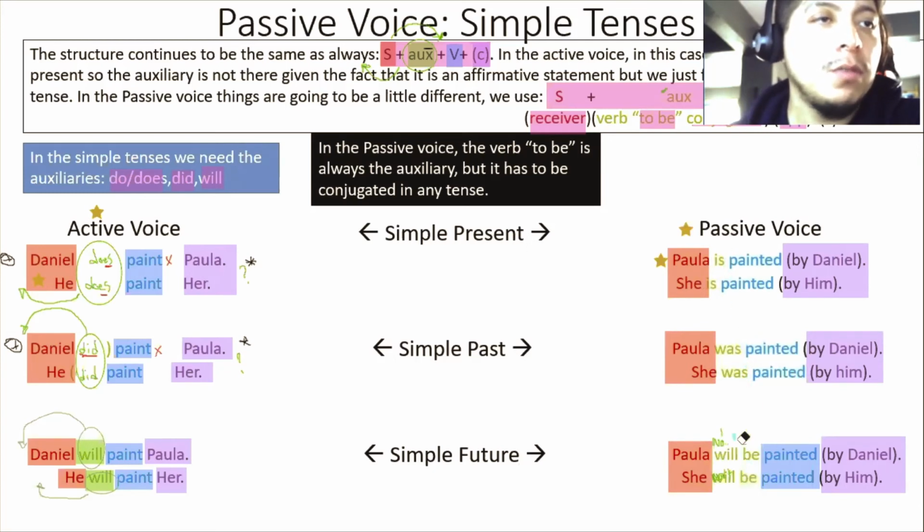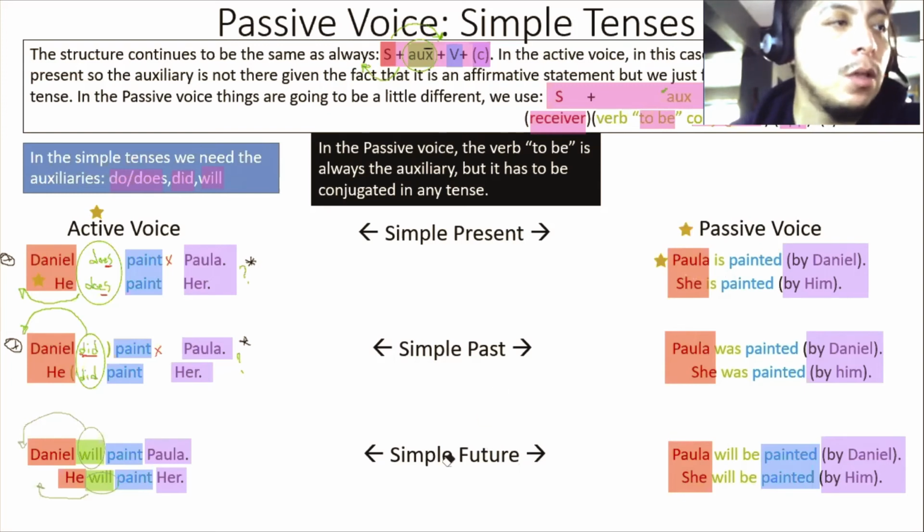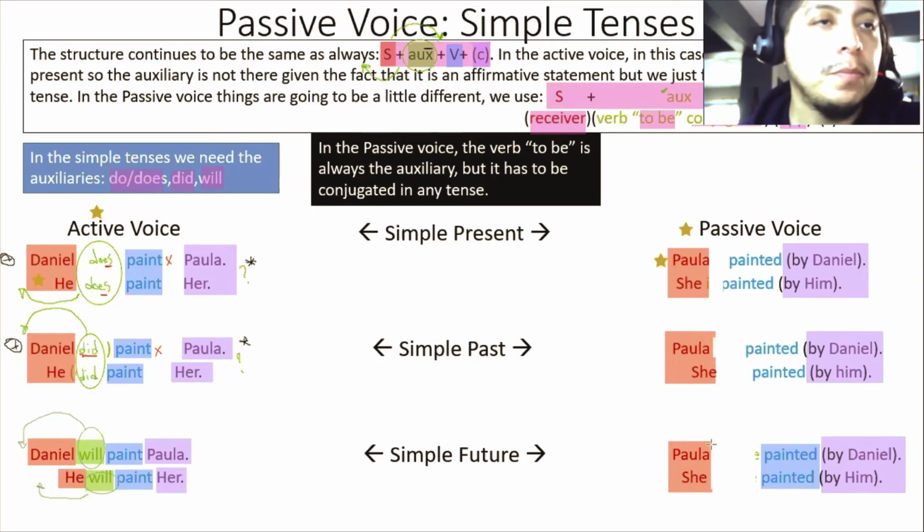Let me just erase all of this. How do you make this in the passive voice? Again, very, very simple. Your auxiliary is the verb to be. Your auxiliary is going to switch positions with the subject.